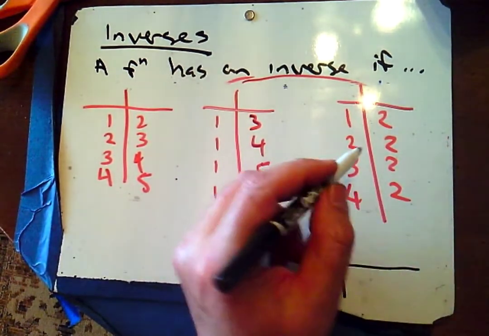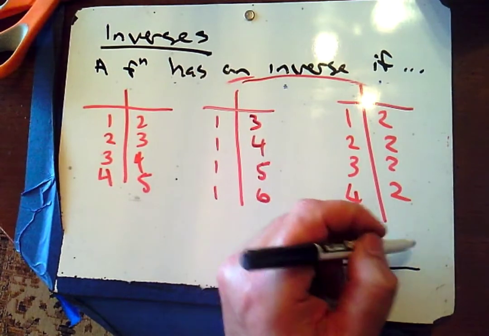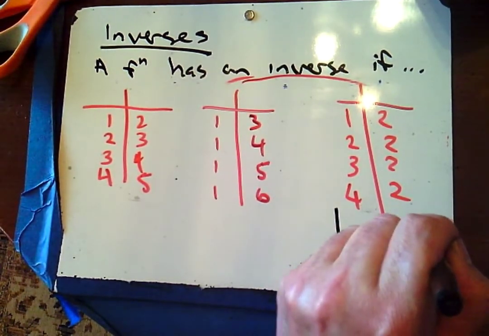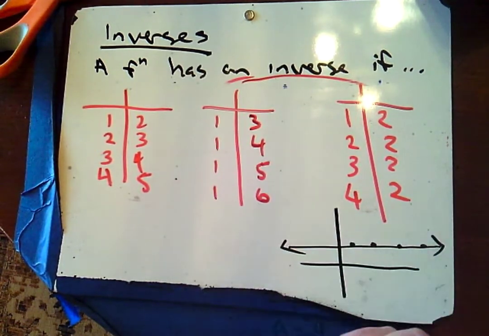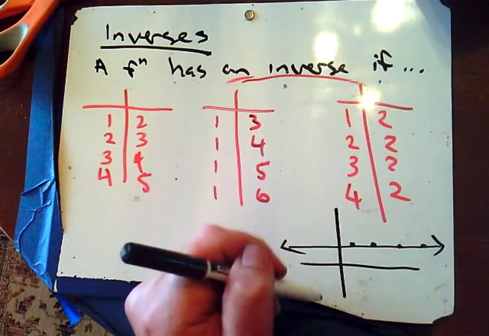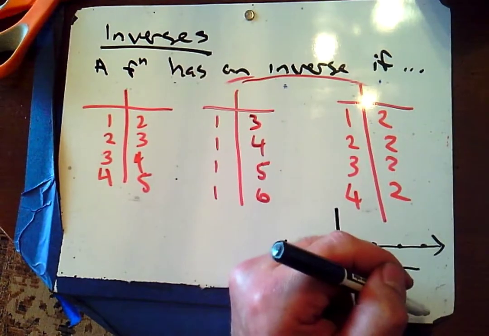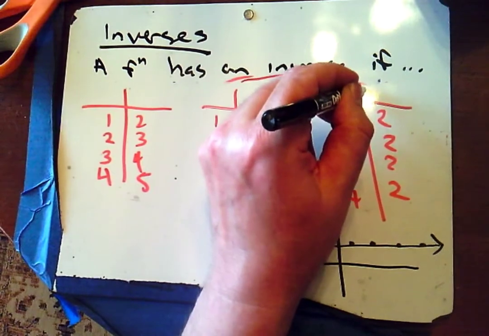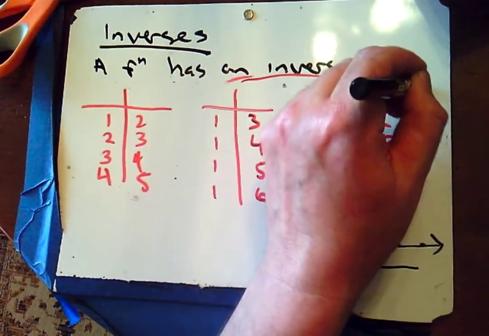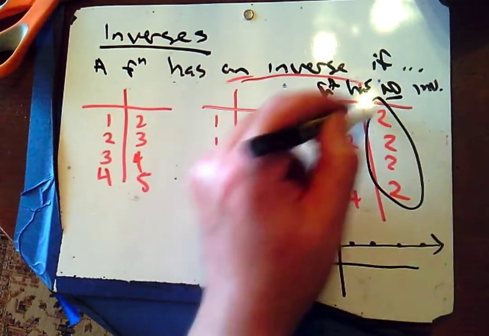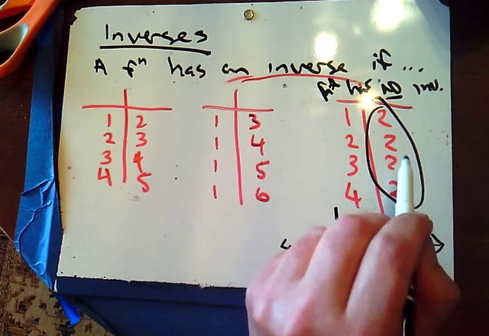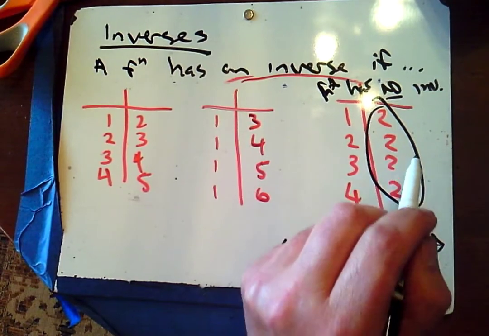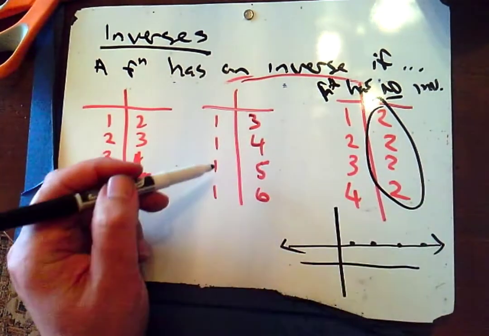So if I draw in (1, 2), (2, 2), (3, 2), (4, 2), is this function going to pass the horizontal line test? No. So while it is a function, it does pass the vertical line test, this function has no inverse because of the repetition in the range. Repetition in the range is another way I can tell that a function won't have an inverse. What about this situation?